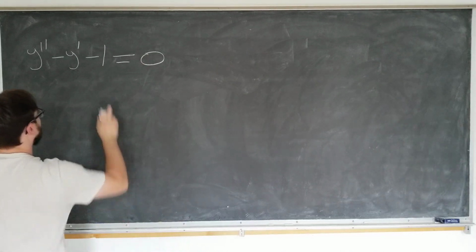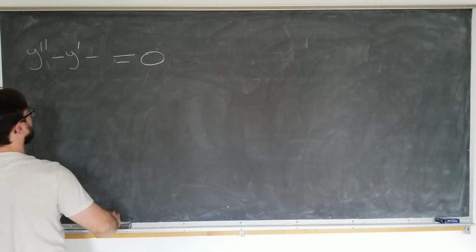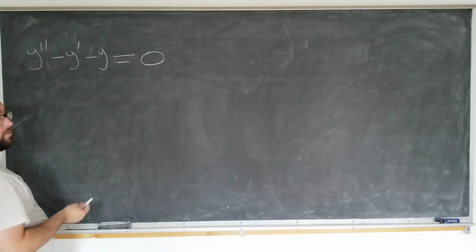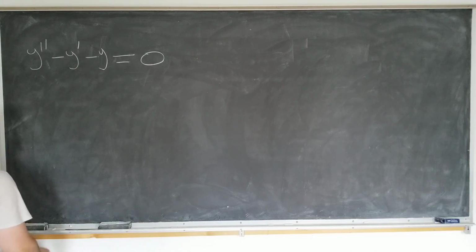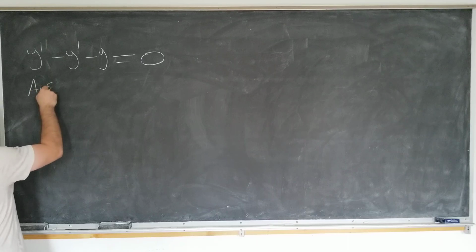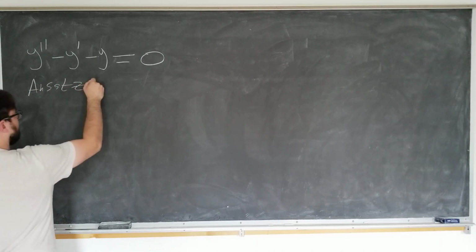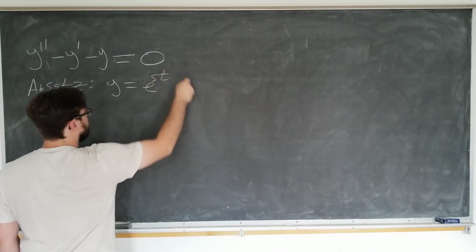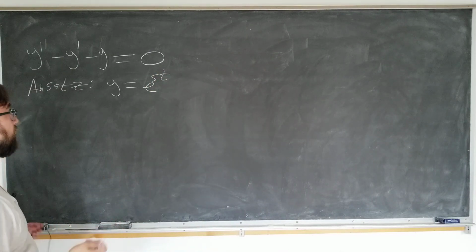Sorry, not 1, y. So we have the second derivative, first derivative, and zeroth derivative of y being equal to 0. We're going to use the ansatz, or guess, y equals e to the st, and see what happens.